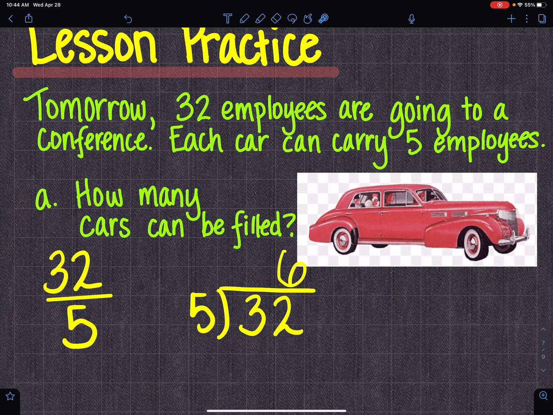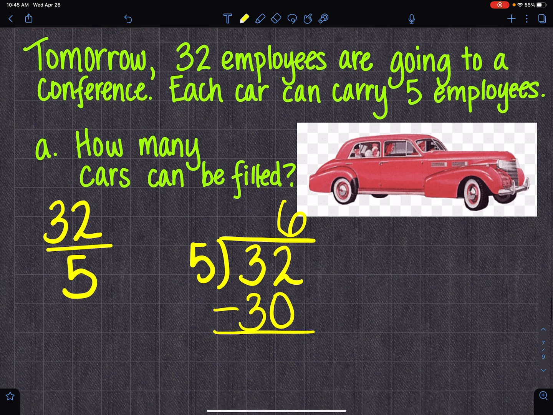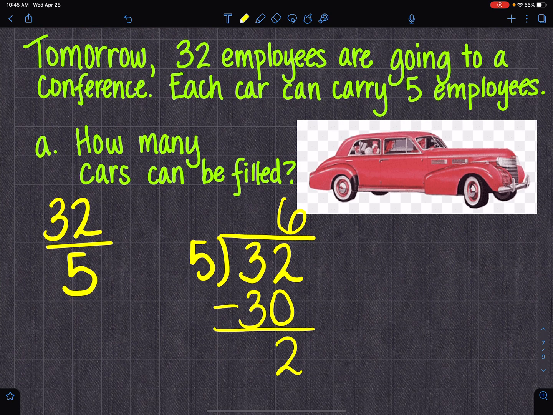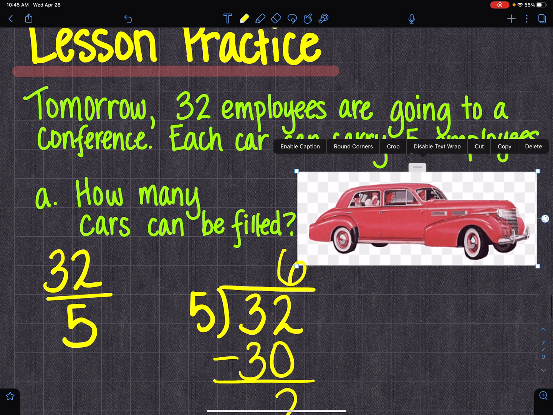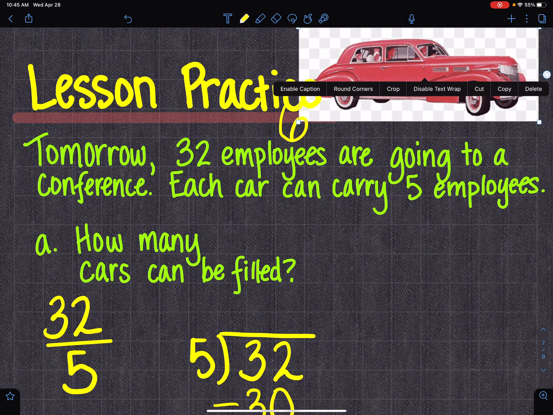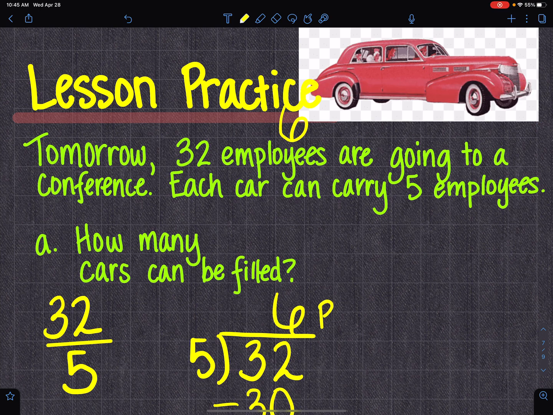And then we're going to do 6 times 5 is 30, right? So we write our 30 here, then we subtract, and there's 2 left over. And there's nothing to bring down, so that is just our remainder. So the answer is 6 remainder 2.